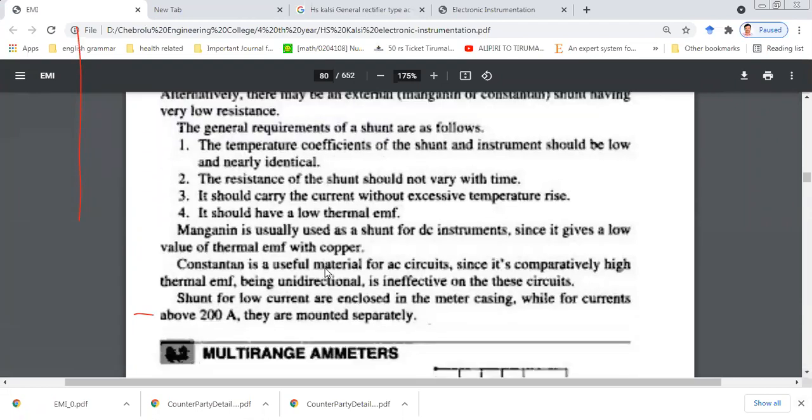Constantan is a useful material for AC circuits. For DC instruments, we use manganin as a shunt, and for AC current measurements, we use constantan. Its comparatively high thermal EMF, being unidirectional, is ineffective on AC circuits.